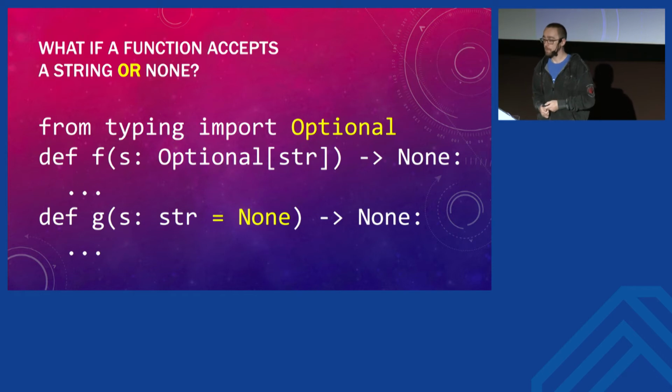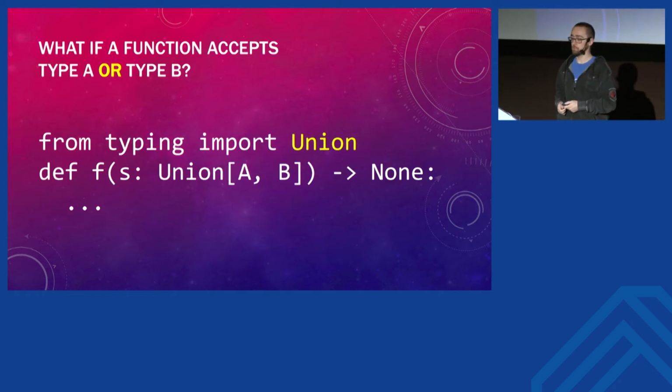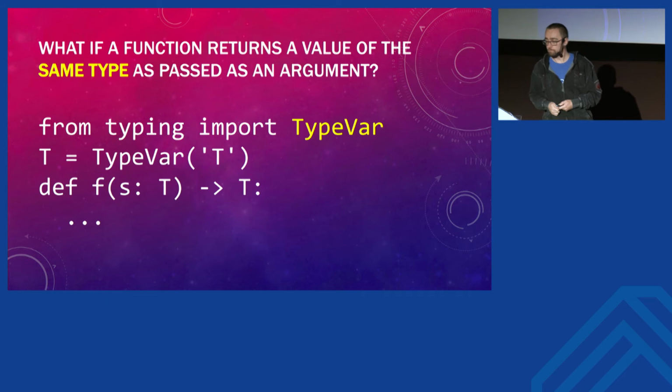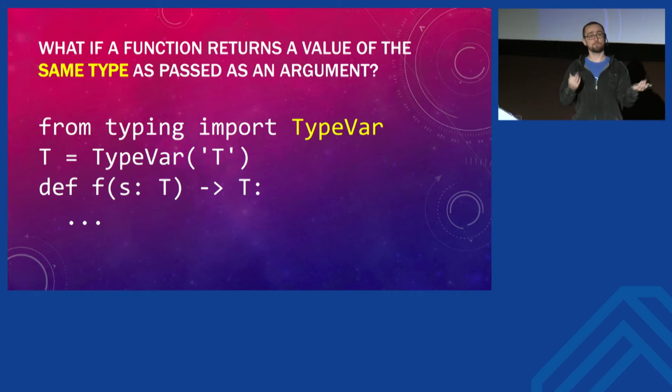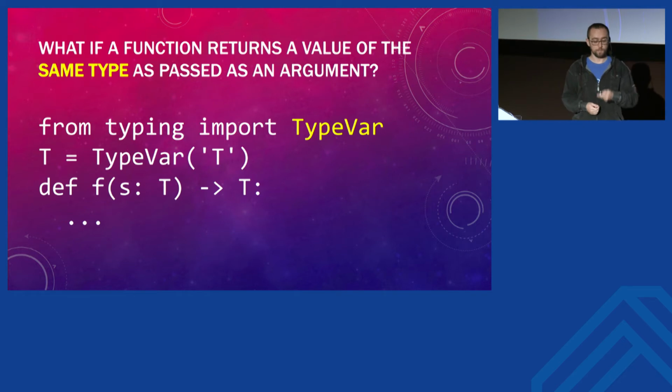You should know better. Okay, if you have any of two types, and not necessarily just a type and None, the generic variant of it is called Union. So you can just say Union of A or B, so either one or the other. That's pretty much it. That's pretty obvious what it does. In terms of returning the same thing that you received, you can use TypeVar to say, I received a thing and I'm going to return exactly the same one.